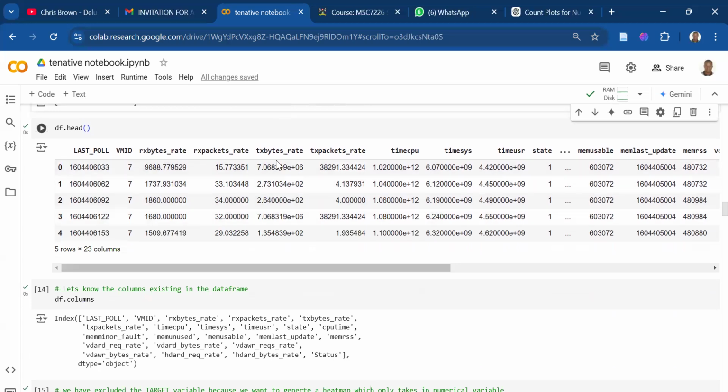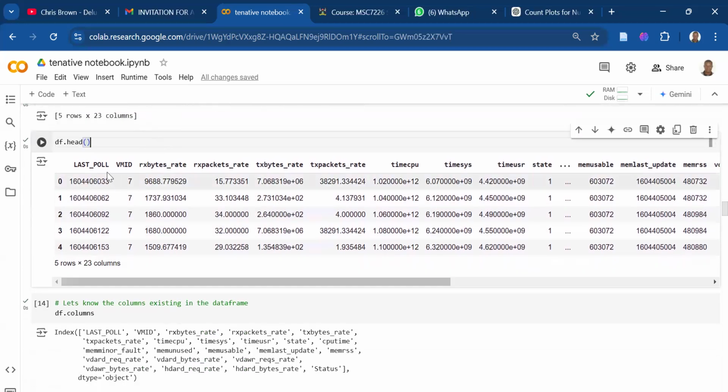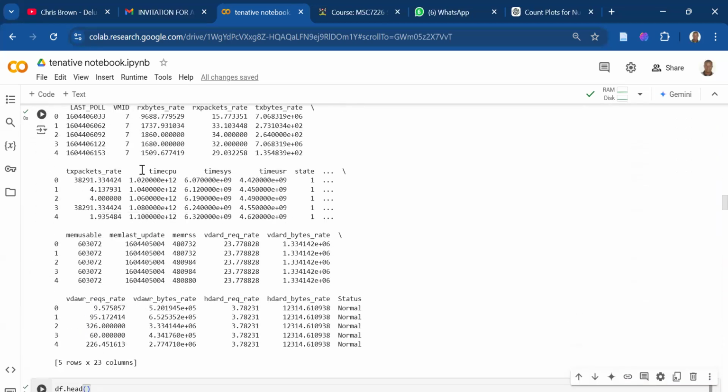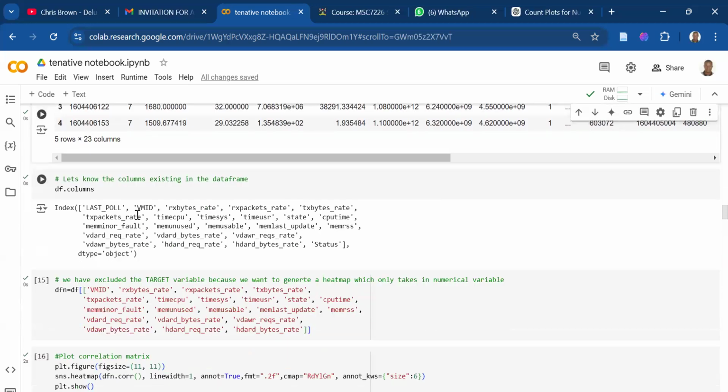So this is the data set that has been replaced. This is the imputation stage.